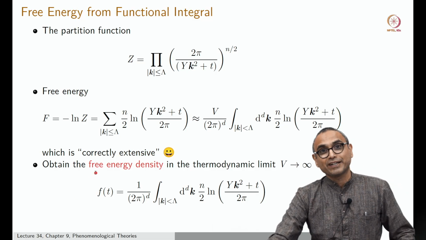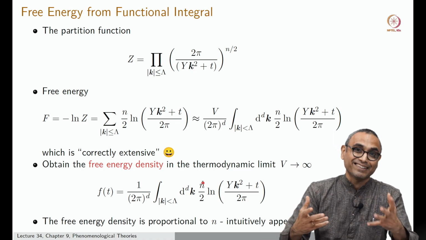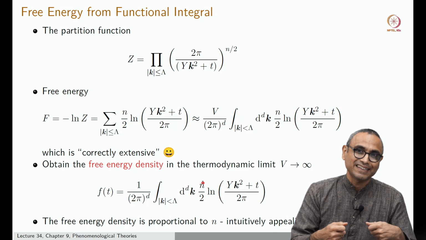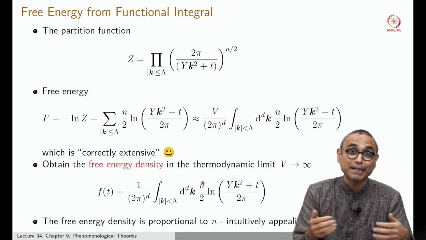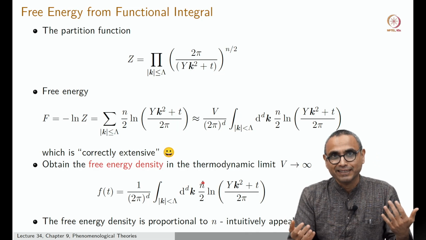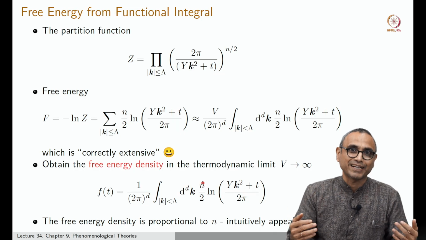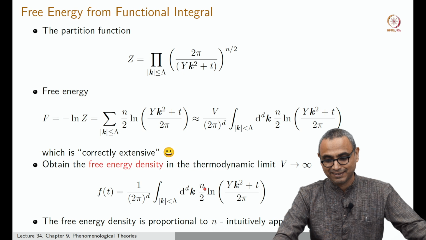And this is also very pleasing because it is proportional to N. In some sense, what it's saying is that each field is independently fluctuating. These are like independent oscillators, if you wish. Each component is independently fluctuating, so all of them contribute the same free energy. There are N of them, so you end up getting N times this.